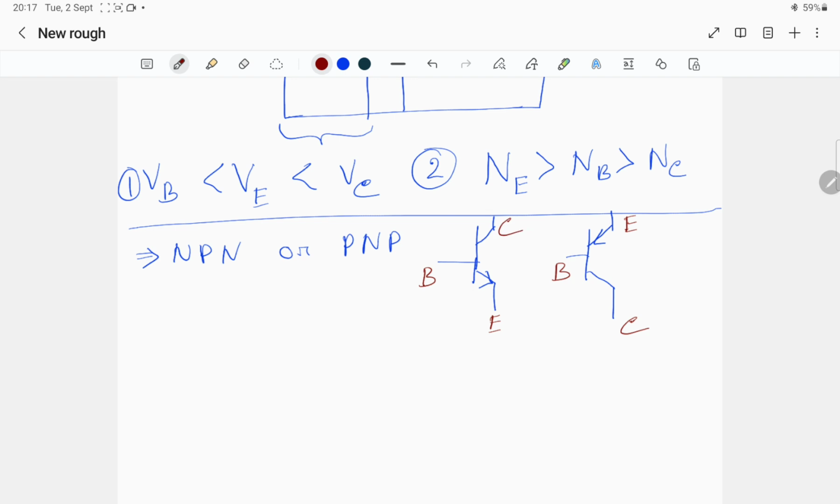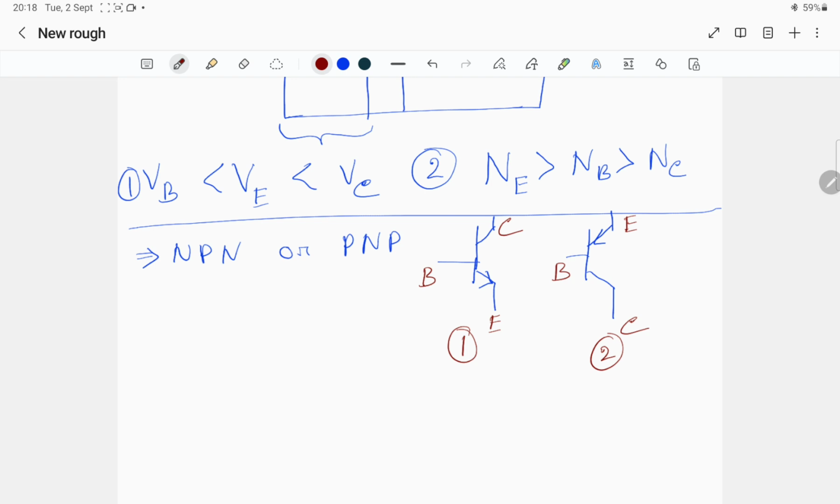Now, if you put a forward bias between the base and emitter, then the arrow dictates the direction of the current. Let me call this the first one and this the second one.